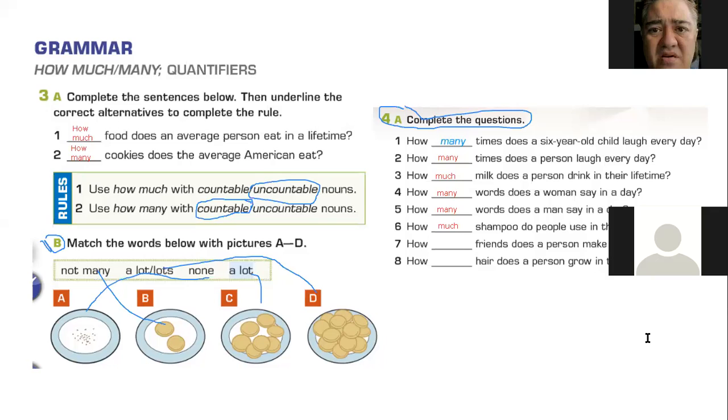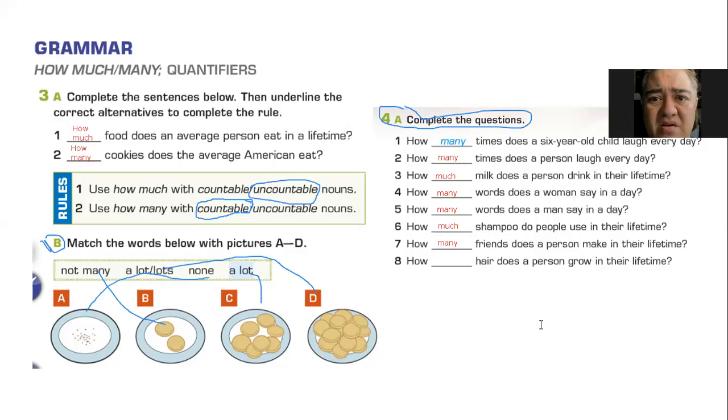Sí, los puedo. Entonces es how many, ¿ok? How many? Okay, number eight, Brenda. How much? How much? Very good. How much hair? How much hair does a person grow in their lifetime? Okay, good job. Do you guys have any question?